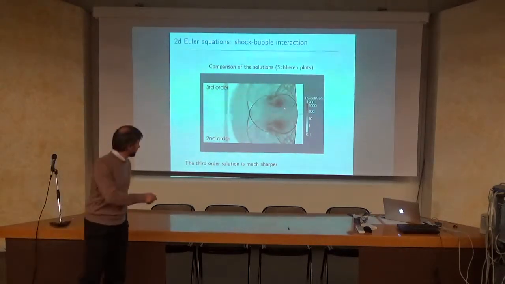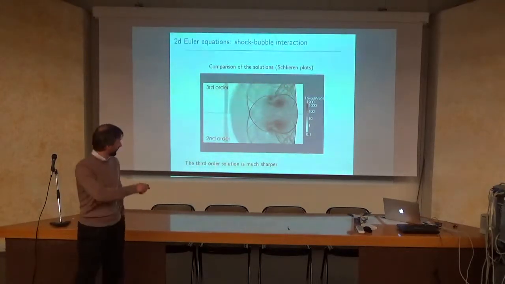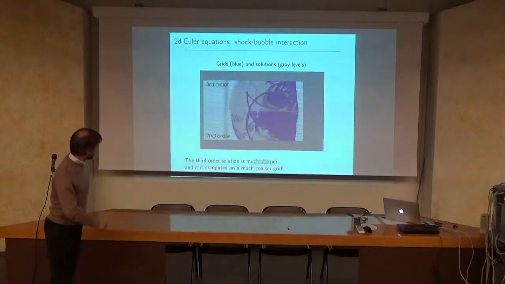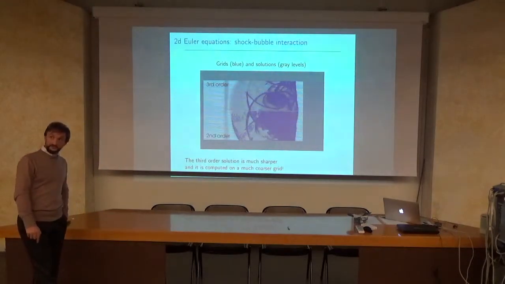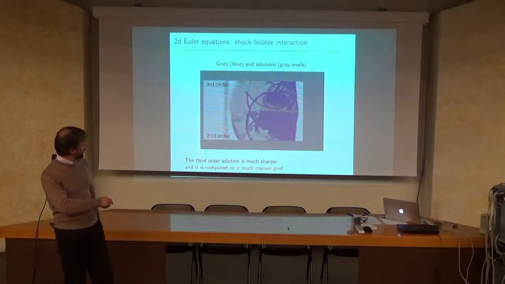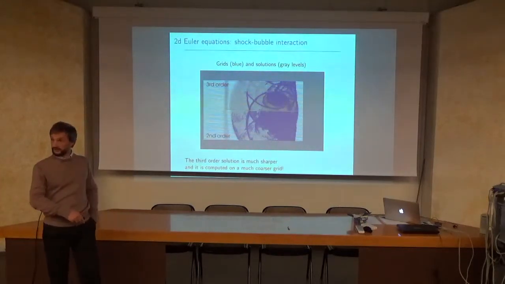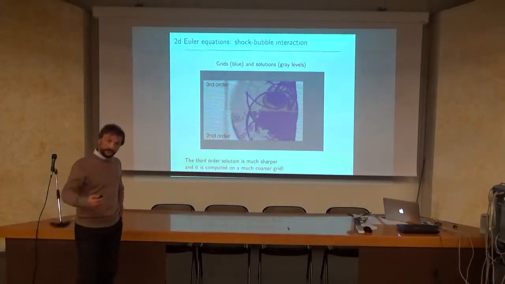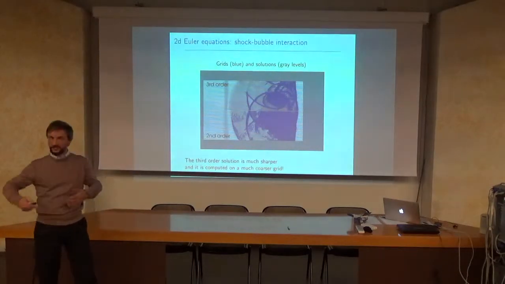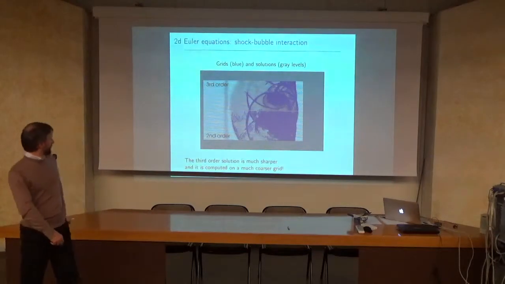I'm not sure whether you can appreciate the differences here in the vortex and up there in the small shocks, but for sure you can see the difference in the mesh that is employed. The third order scheme is employing a much coarser mesh than the second order one, and the result is that it's actually computationally faster, despite having 3 stages of Runge-Kutta and a more complicated reconstruction and so on.